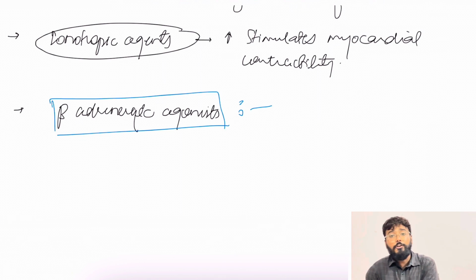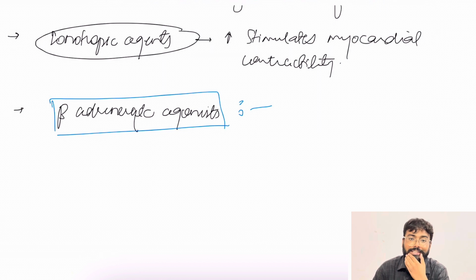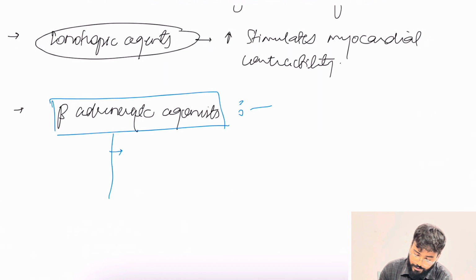These are positive inotropic agents, and in physiological state, what are those agents present inside the body which are positive inotropic agents? So we all know whenever the sympathetic system is activated, there is surge of adrenaline and noradrenaline. So these are also positive inotropic agents, right? So first we can see epinephrine and norepinephrine.